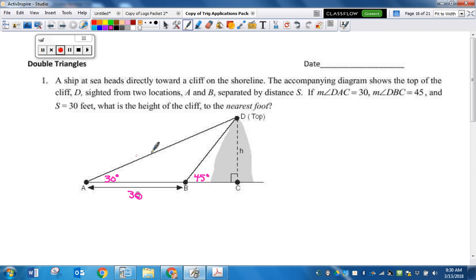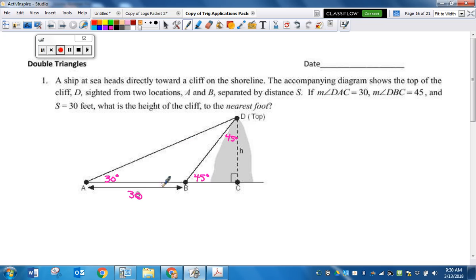All right, so we see a couple right triangles. We see triangle ADC is a right triangle, and it is a 30, 60, 90, but I don't have enough information because I need one side to use that relationship. 45, 45, 90 here, but again, I don't have enough information, but I do know that's a 45, 45, 90, so I can fill in some angles.